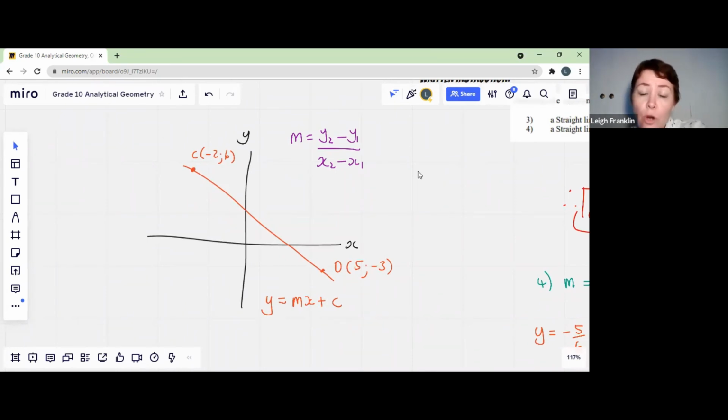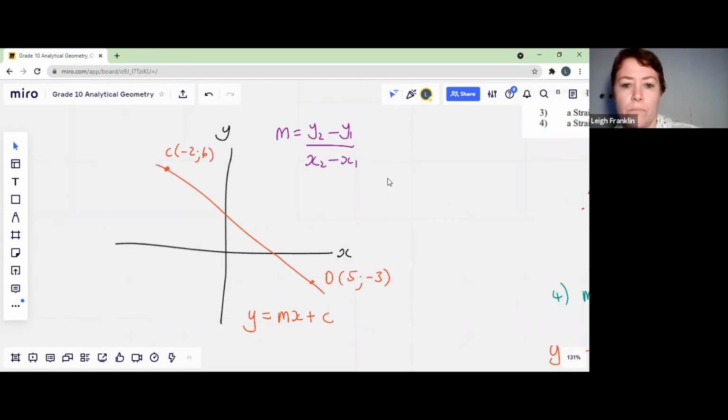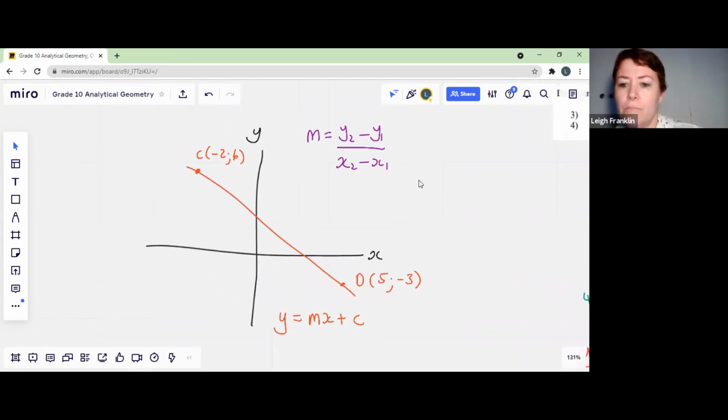And then Nosisa, when you've got an answer for gradient, I'm going to ask you if you can please put it in the chat for me. Okay, so Nosisa says she got -9 over 7.